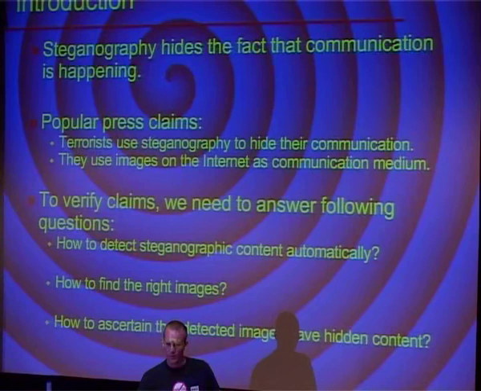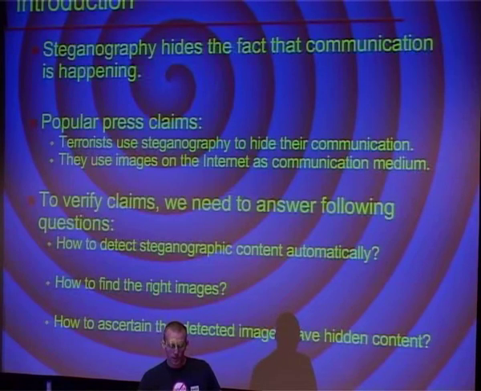So I was sort of curious. They're saying people are hiding information on the internet, but is it really true? And if that is true, how would they know that it's true? So what can I do to actually verify that? I started to think about that briefly, and immediately there were three questions that needed to be answered before I could even start answering whether the newspaper article was true.